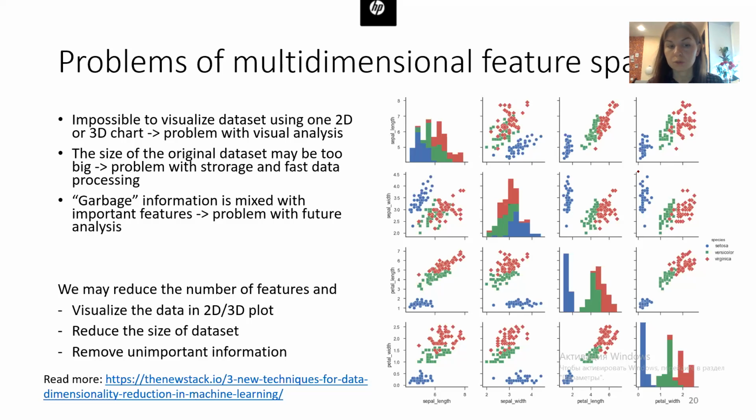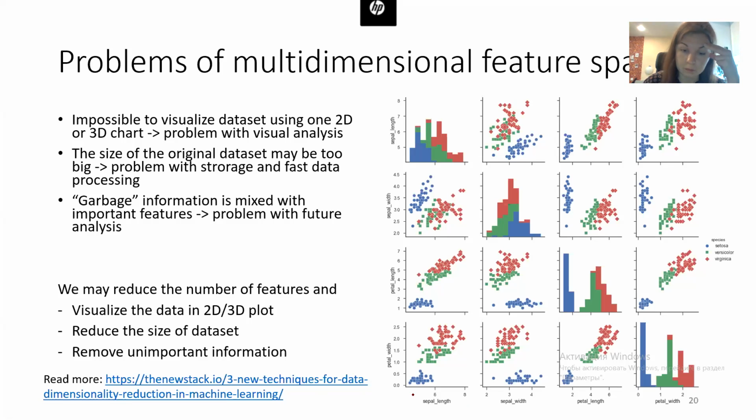We may reduce the size of the data set and save some space on our computer and server. It's also important when we collect a lot of data in one place. And we may remove unimportant information from the dataset because we can do it. Why not?